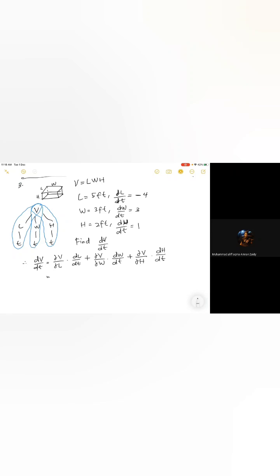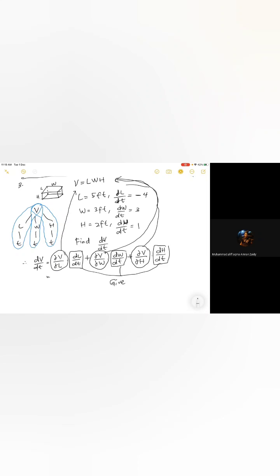Okay, so dv dl, dv dw, and dv dh is the one that you have to differentiate from the function. Okay, while the dl dt, dw dt, and dh dt is already given. This one lah, yang ini dah diberi.